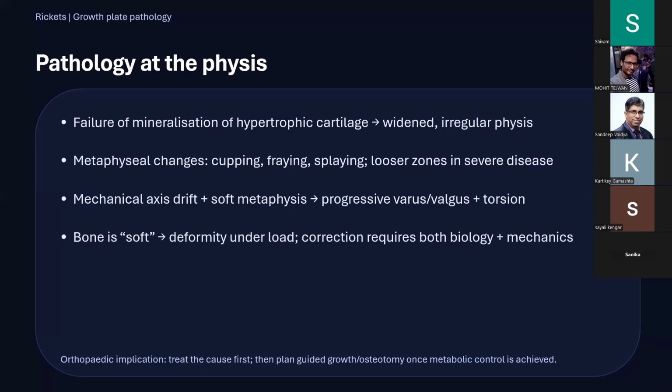Looser zones can occur in severe disease, and there can be a mechanical axis drift due to soft metaphyseal bone, which leads to progressive varus or valgus deformity along with torsion. So bone is soft and under load the deformity occurs, and correction requires both biological and mechanical correction.